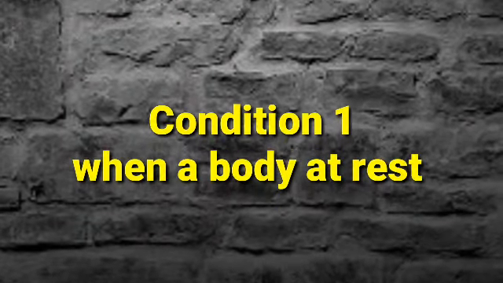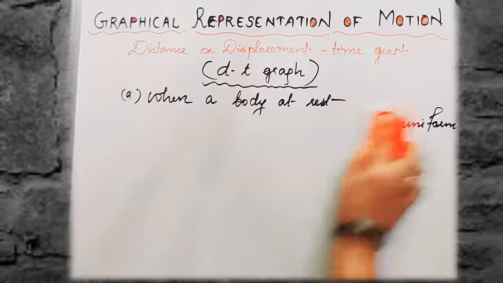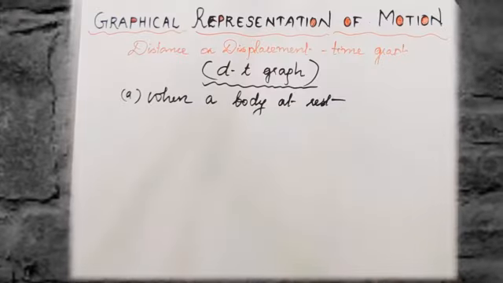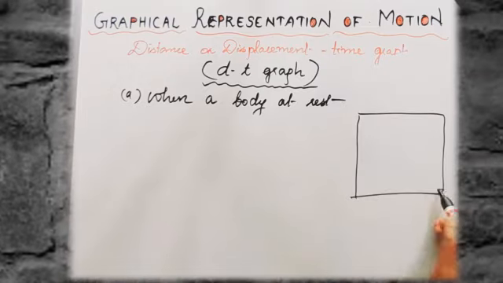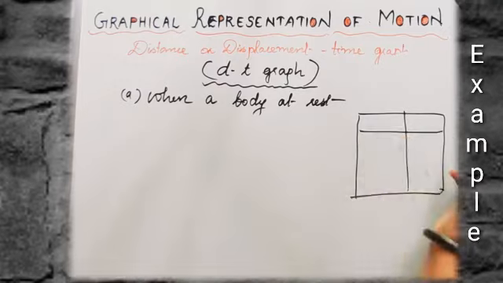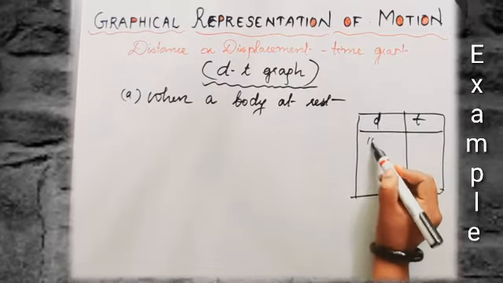Condition 1, when a body is at rest. At rest, which type of graph will we get? We'll give one example. You just take distance on the y-axis. Distance and time. Here, distance is 10 meters.